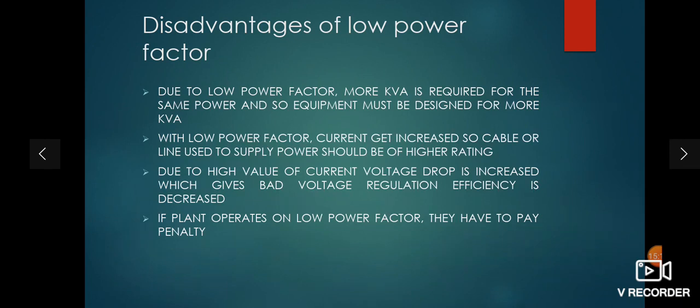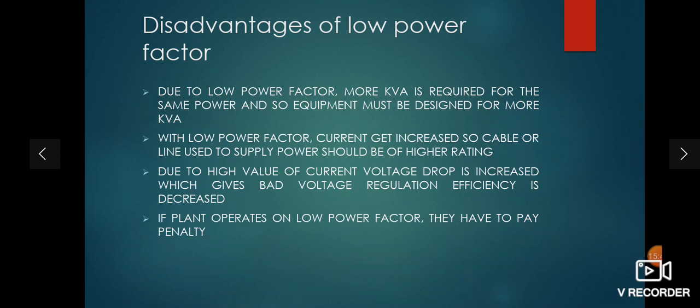Now what are the disadvantages of low power factor? As we know, power factor cos phi is equal to true power upon apparent power. Apparent power means kVA. So more kVA is required for the same power, and so equipment must be designed for more kVA.